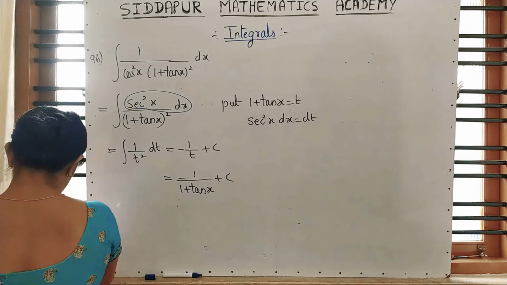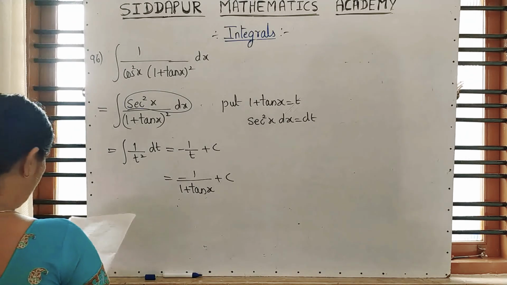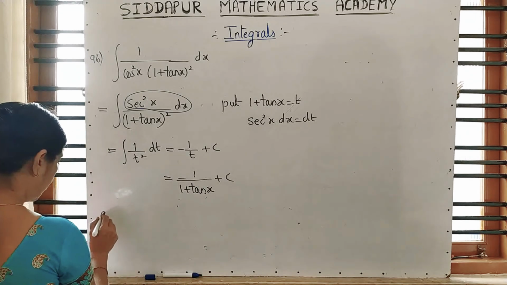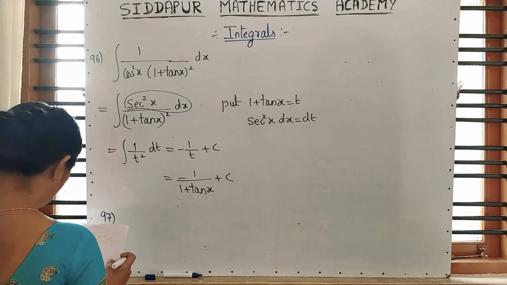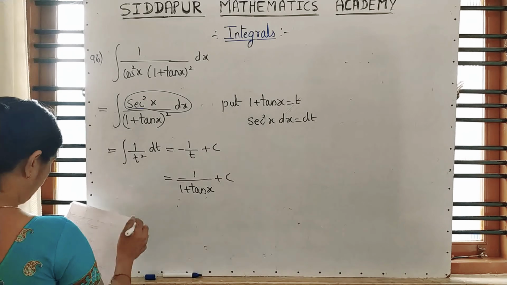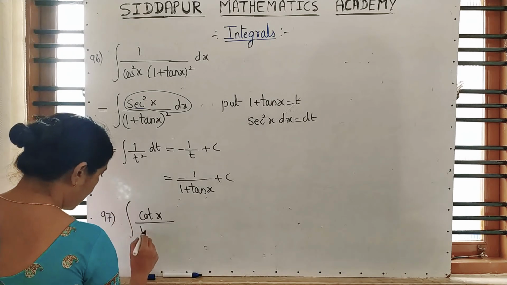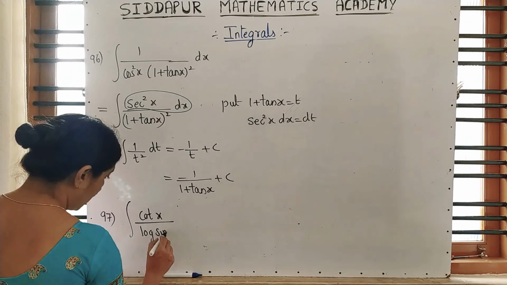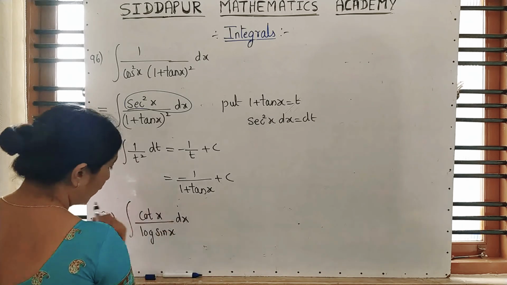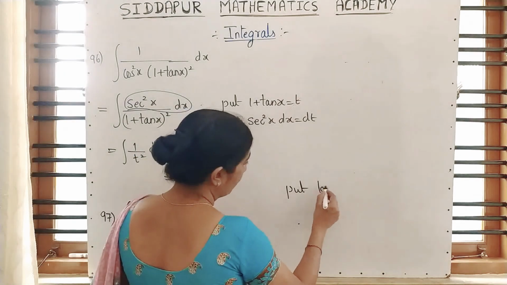Moving to the next question. Question number 97. Cot x upon log sin x. For these types of examples, basic differentiation is necessary.